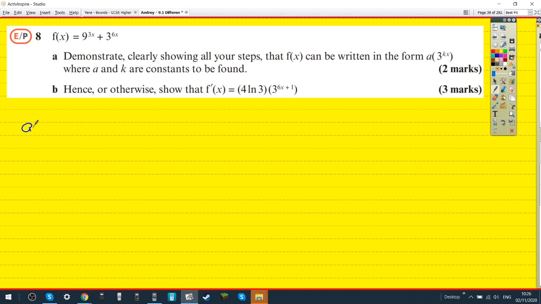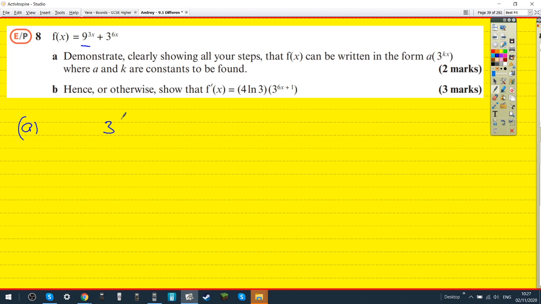And you'd have to say what that is. I'm not sure how to start this one. So you have to make it like 3 to the power of something. So this first one, turn it into 3 to the power of something. How would you do that?